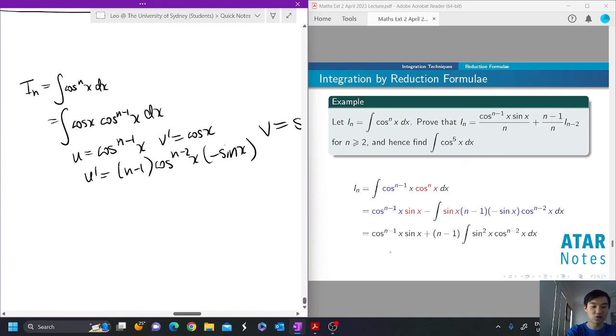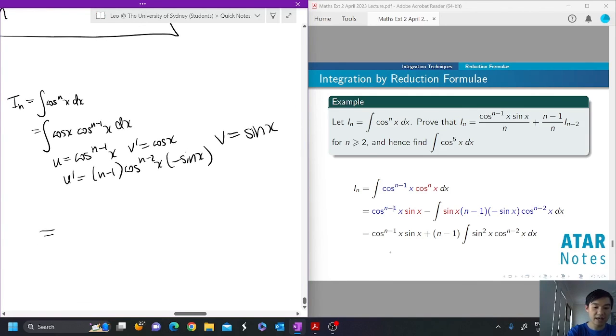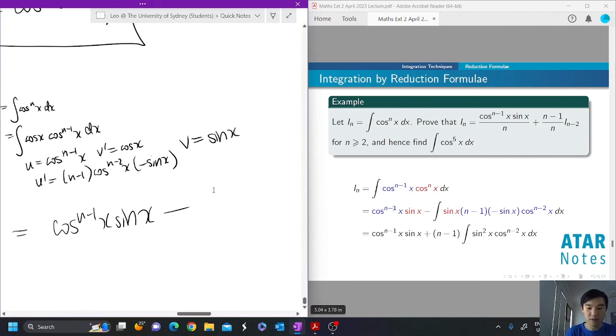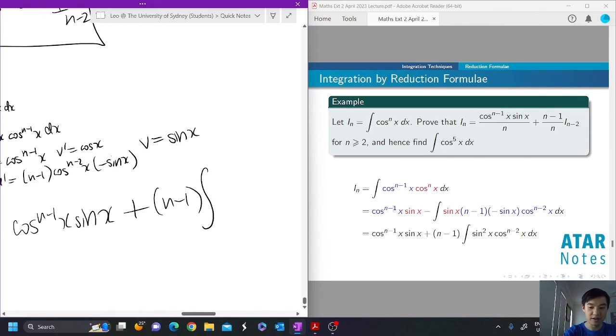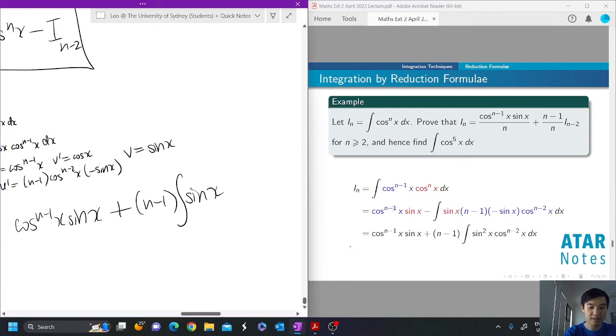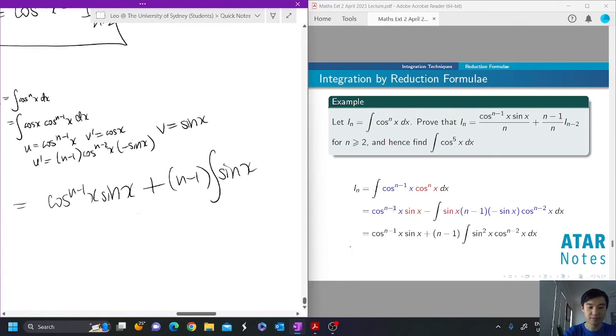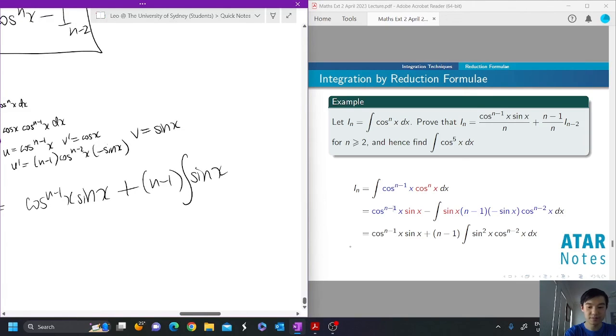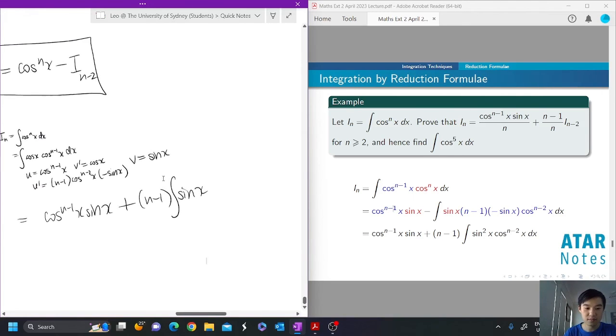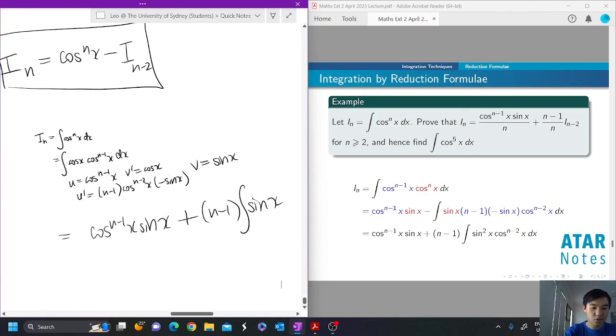So this integral is going to be uv, so cos^(n-1) x times sine x, minus, and the minus cancels out with this minus sign, so it will be plus, if I take out the (n-1), the integral of sine x times what's written here, (n-1) times the sine x times cos^(n-2) x.